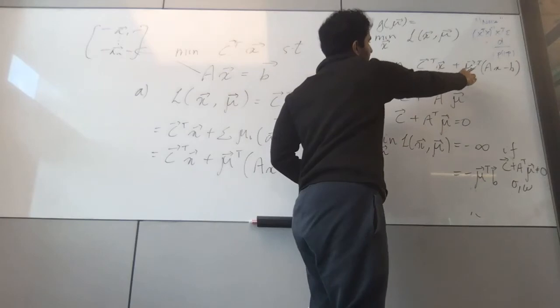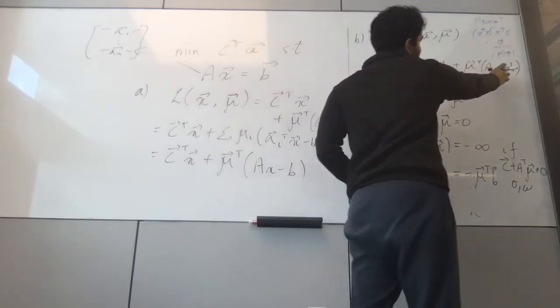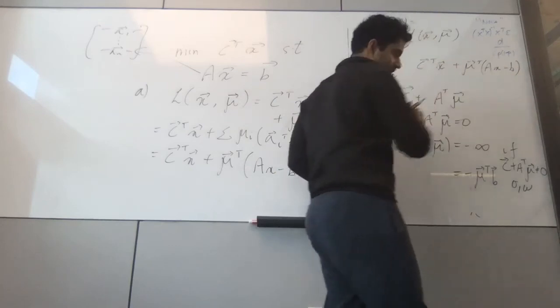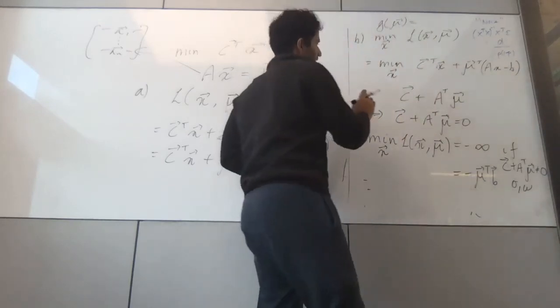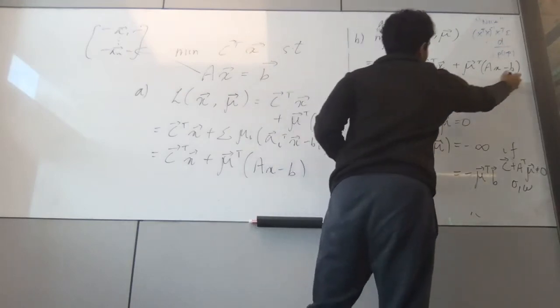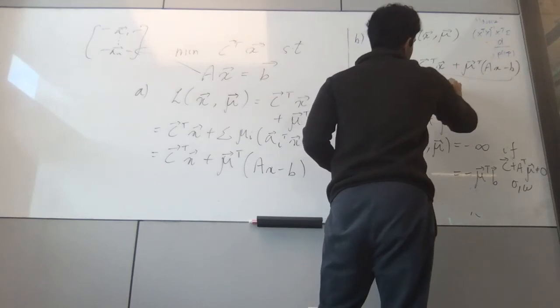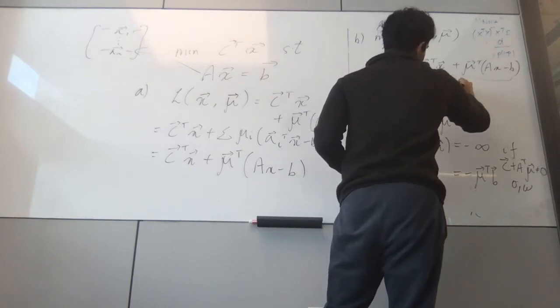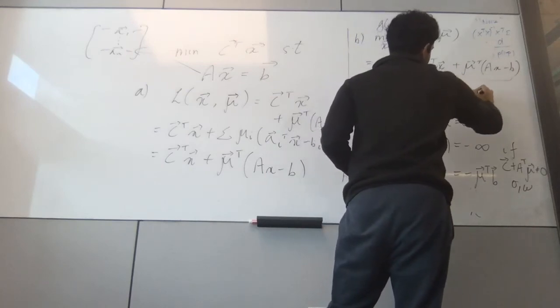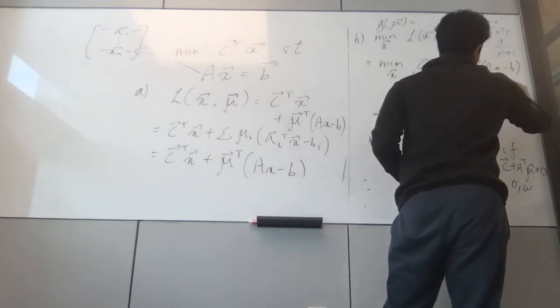What I'm going to do is break this into the term that depends on x and the term that just depends on mu and b. So I'm going to write this as (c plus A transpose mu) transpose x minus mu transpose b.